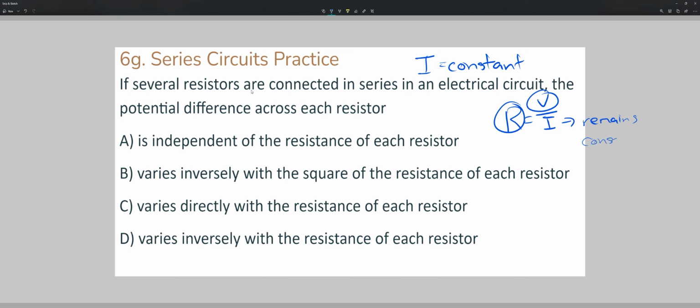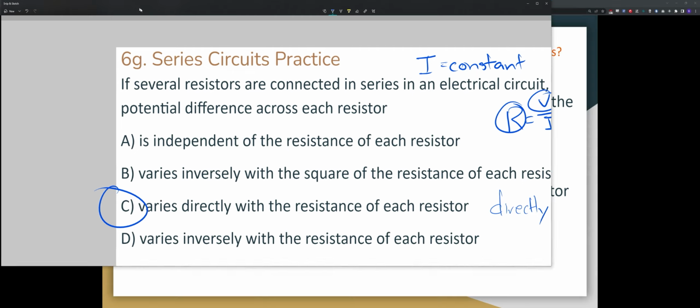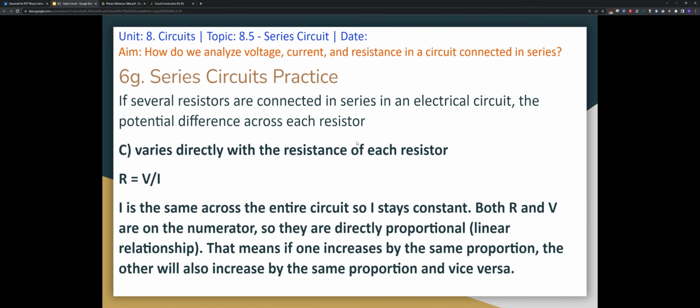What's the relationship between two things that are both on the numerator? Well, the relationship between two quantities that are both on the numerator is directly proportional. So if my voltage increases by a certain proportion, then my resistance will also increase by a certain proportion as well. And so my answer here is C. It varies directly with the resistance of each resistor. And that's it, guys.